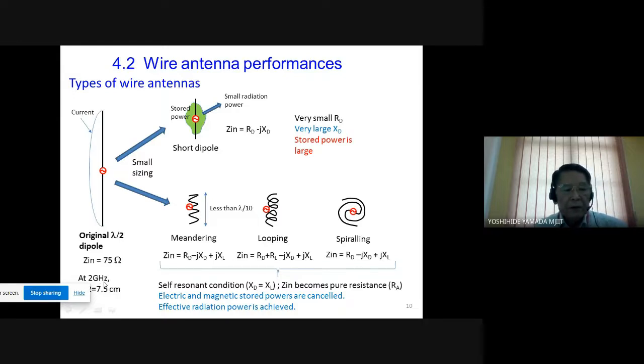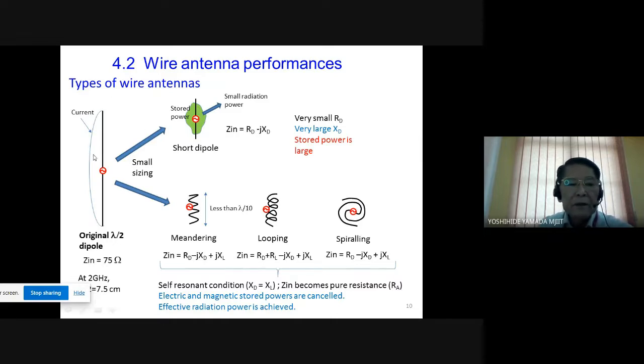At 2 gigahertz, the half wavelength becomes 7.5 centimeter. So this is very conveniently used for portable radio phones. However, if a dipole antenna is attached to a handy phone, this size is very large. So some small sized antenna is put inside the handy phone.